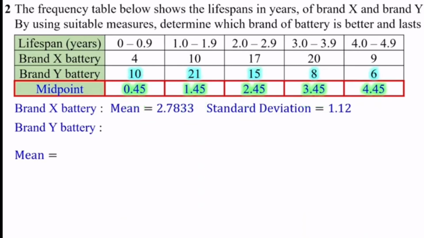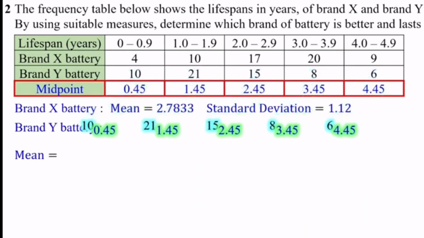Then we multiply with the midpoints 0.45, 1.45, 2.45, 3.45, and 4.45, which I highlighted in green.